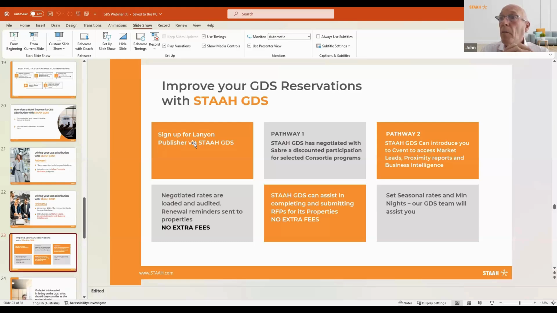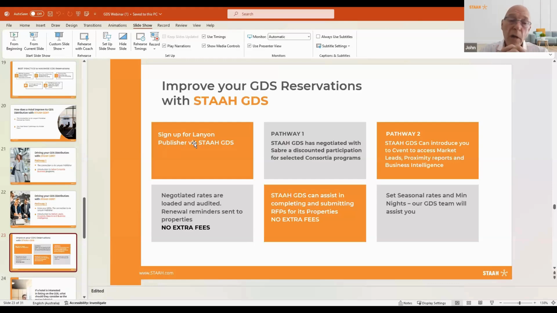The best part of the Lanyon Publisher program is that you fill out and complete your setup in that just once, because every RFP you submit draws from all the data about your hotel that is required in the Lanyon Publisher, and that is submitted out on your behalf to any RFP.